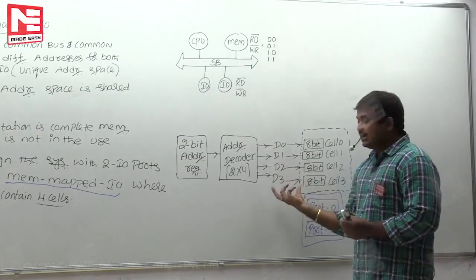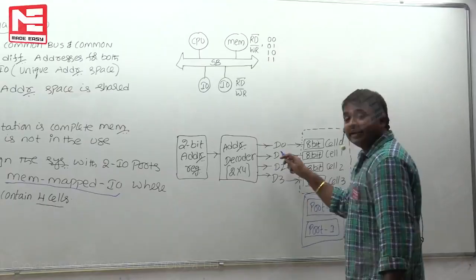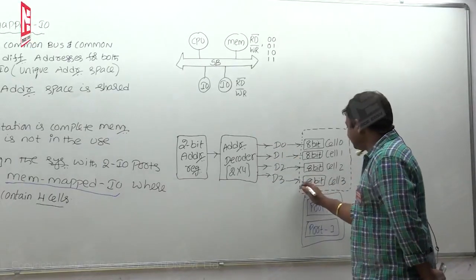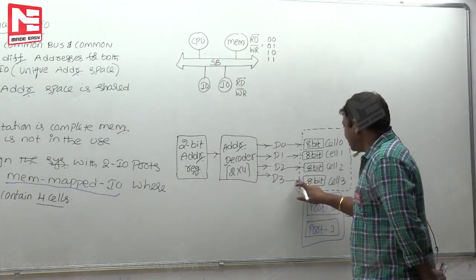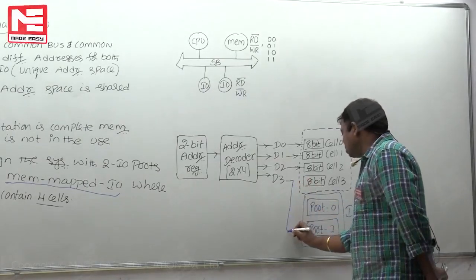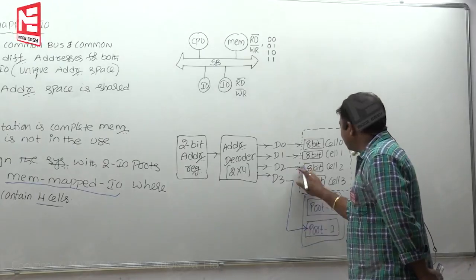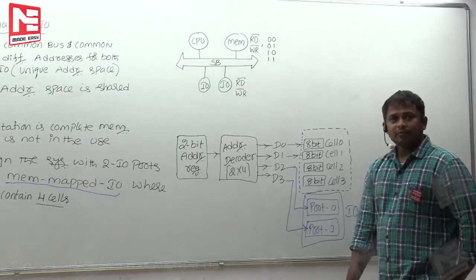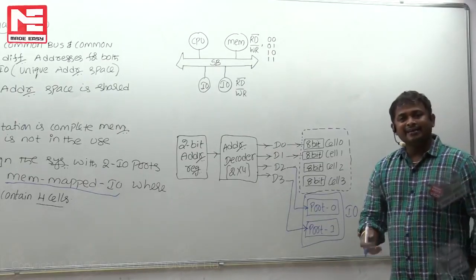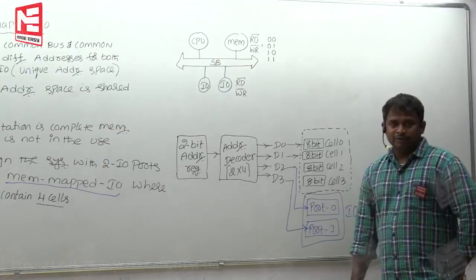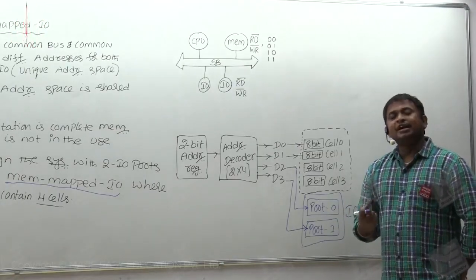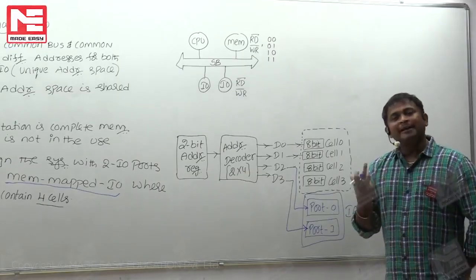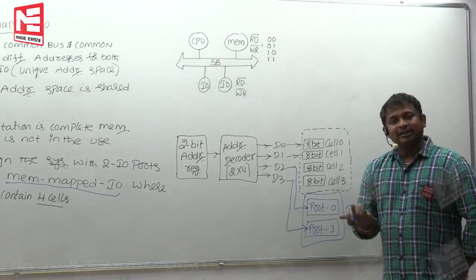The designer identifies the main memory area, then redirects the addresses like this. Actually, D3 is connected to cell 3. Now, due to the memory mapped I/O concept, let us assume D3 is connected to port 1. Now, D2 is connected to port 0. Like this, main memory addresses are redirected to I/O ports. So main memory address space is shared by the I/O. Because of this, the complete main memory space is not in use.